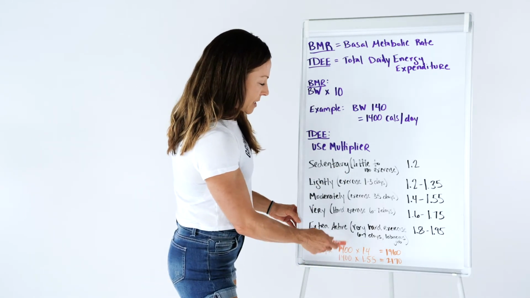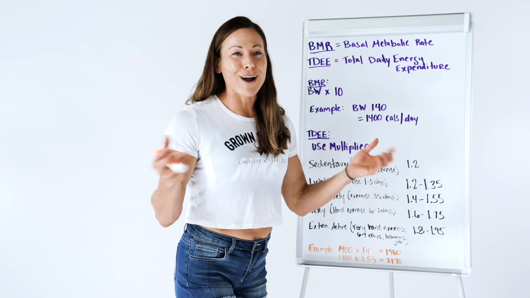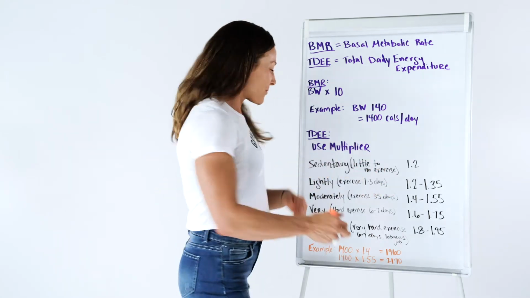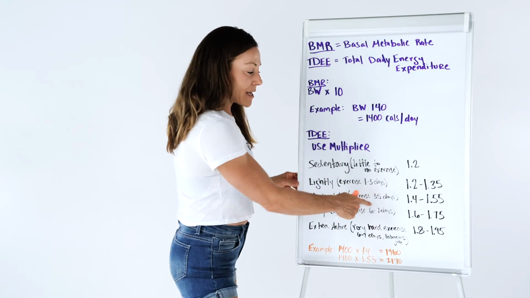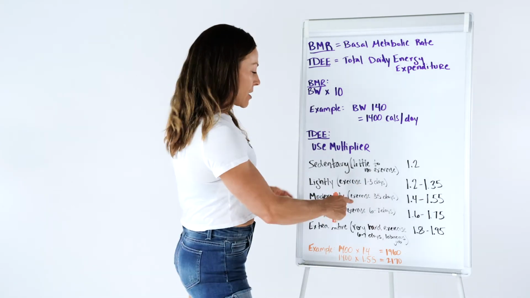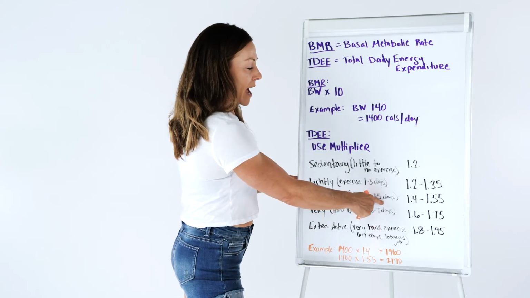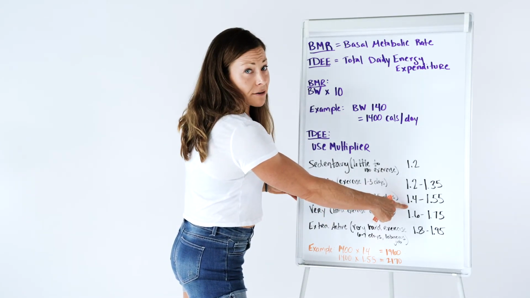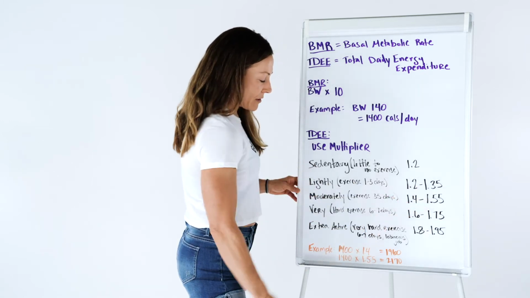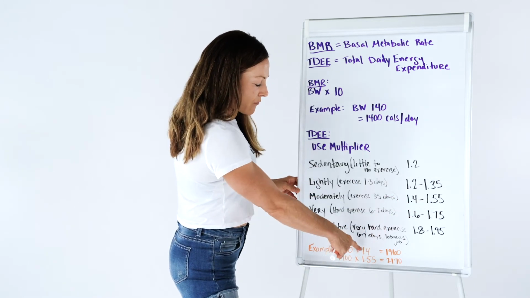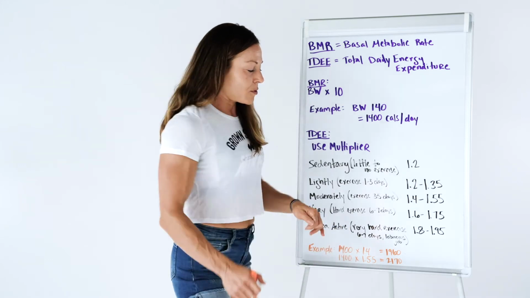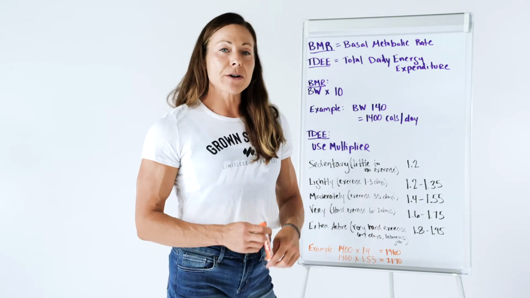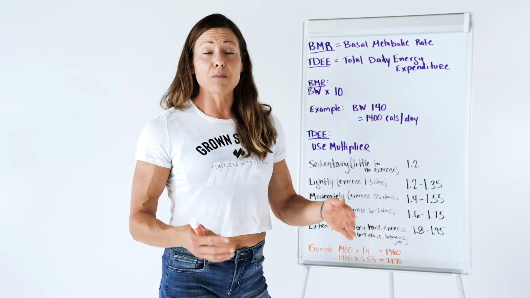Let's say this person does the Grown Strong, the GS60. Let's say they work out 3 to 5 days a week, so let's call that moderately active. We're going to use the multipliers 1.4 to 1.55. If we take 1,400 multiplied by 1.4, that's 1,960 calories a day that this person might be burning.